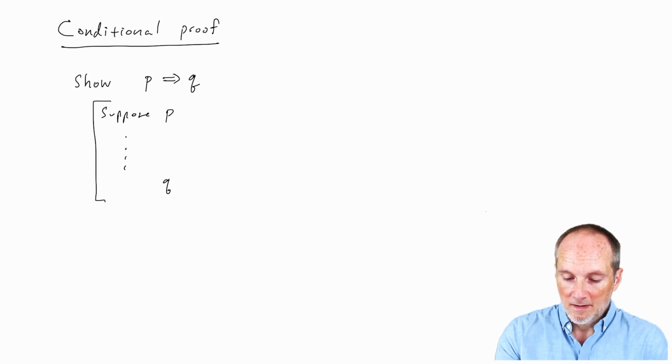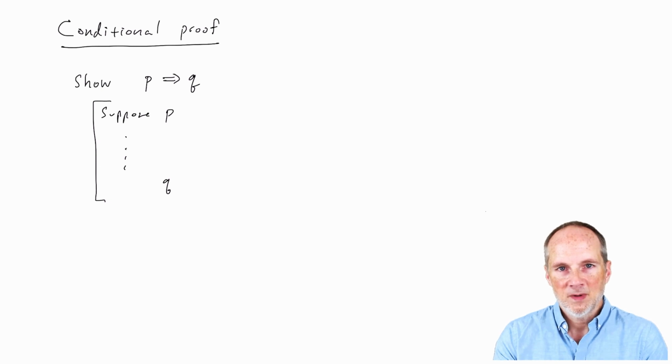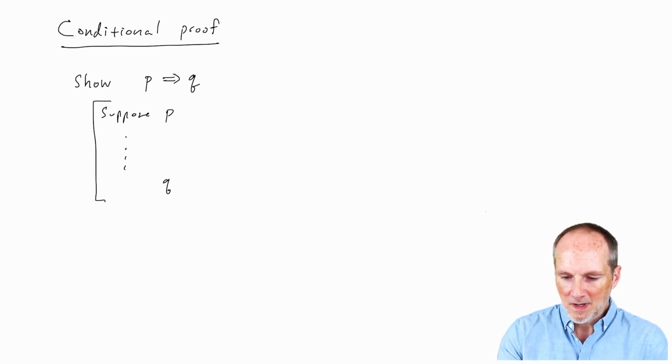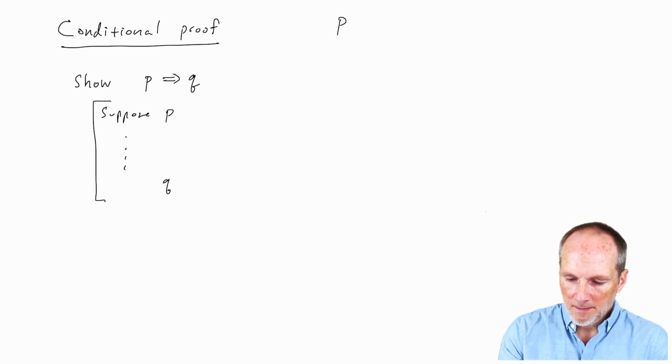Here's one more that you probably have heard of, and in my experience, it kind of throws students off a little bit, but it's really not that strange or hard. It's called proof by contradiction, or reductio ad absurdum.